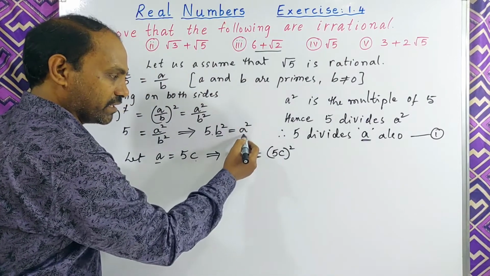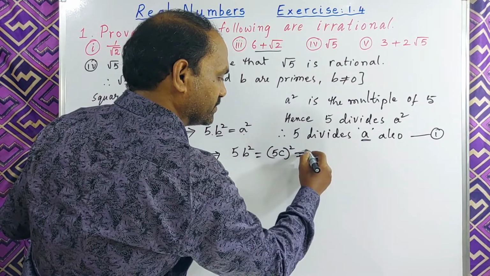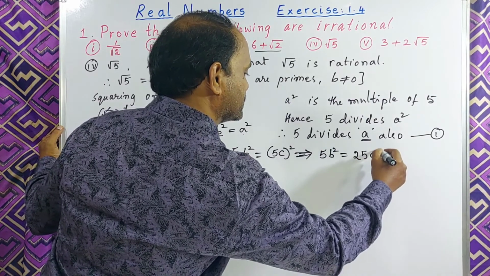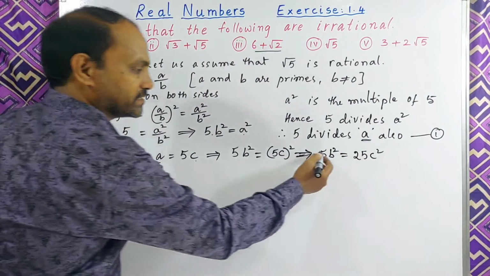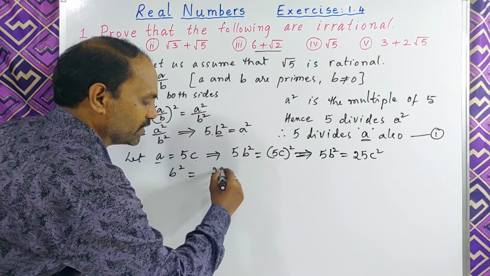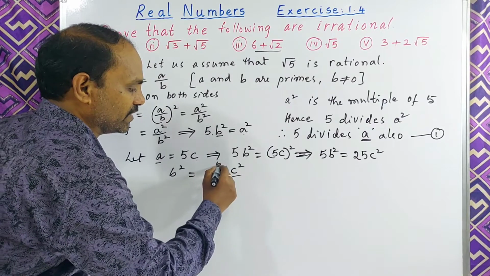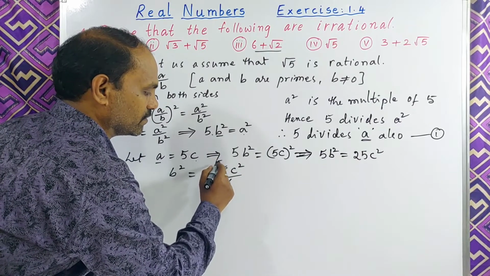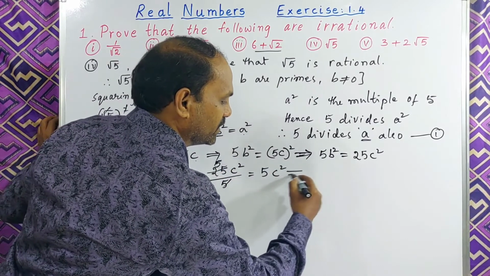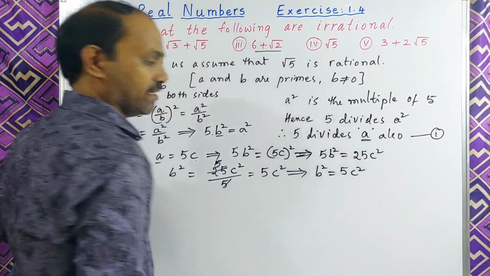This implies 5b square is equal to 25c square. Send this 5 that side: b square is equal to 25c square by 5. 5 ones are 5, 5 fives are 25, so this becomes 5c square. This implies b square is equal to 5c square.